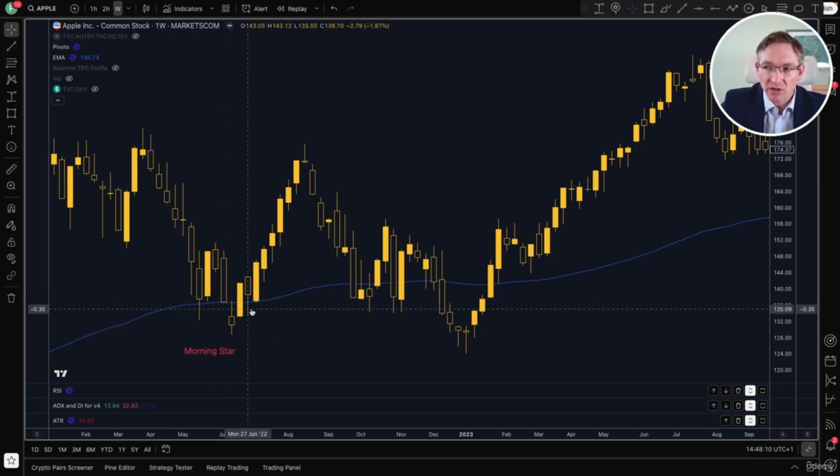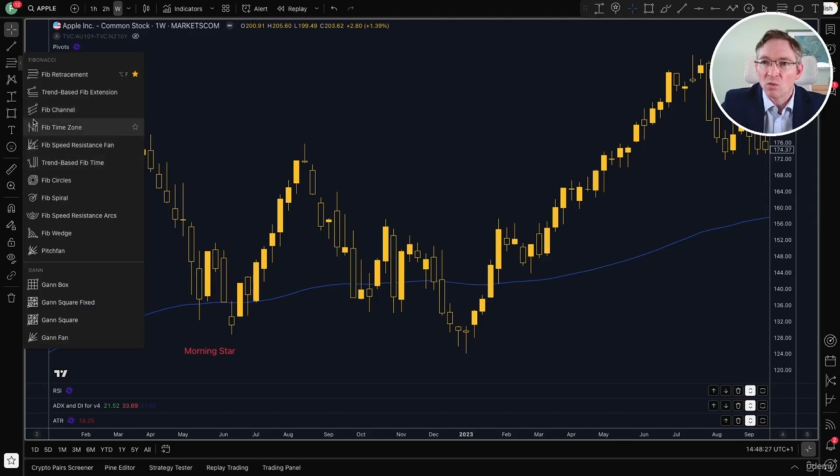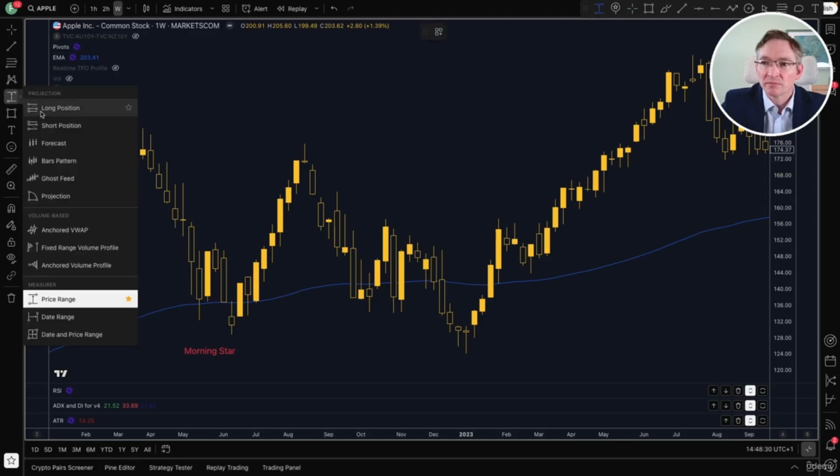And then the early trigger is going long from the break of this candle, stops underneath the low, or going long once you have a confirmed break above this candle. So they're the two ways you could enter this.